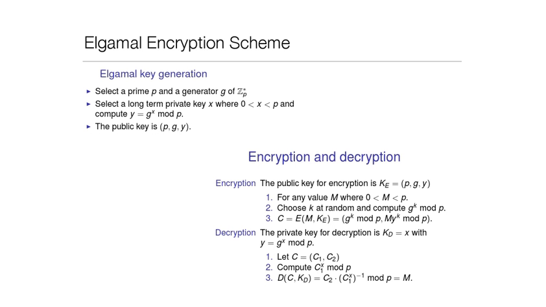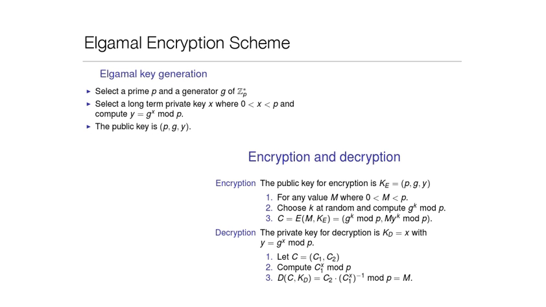Once this is received by the receiver, the person who has the X value, C1 is G to the power K mod P, and C2 is M times Y to the power K mod P. He can compute C1 to the power X mod P, because X is the secret value only with the receiver.